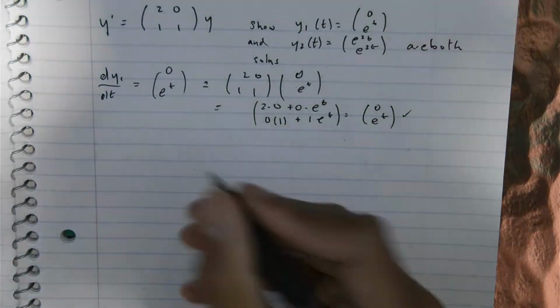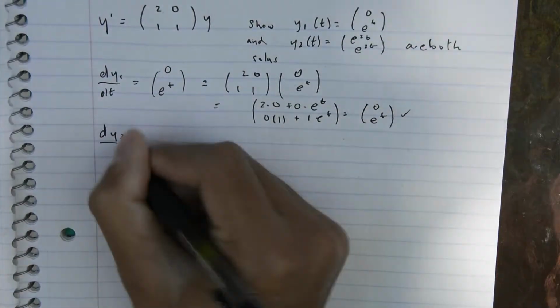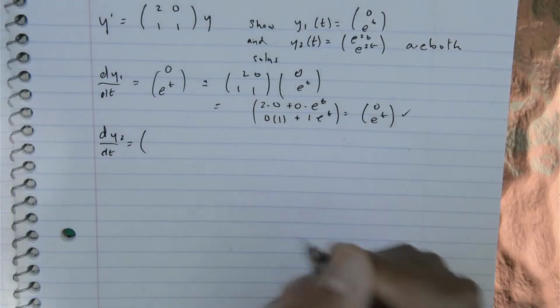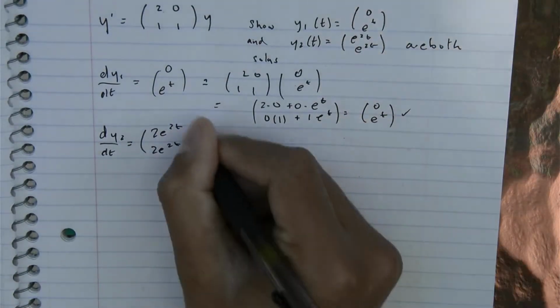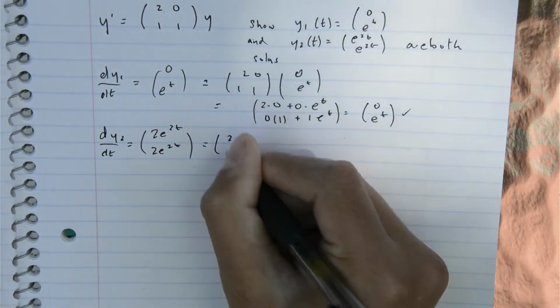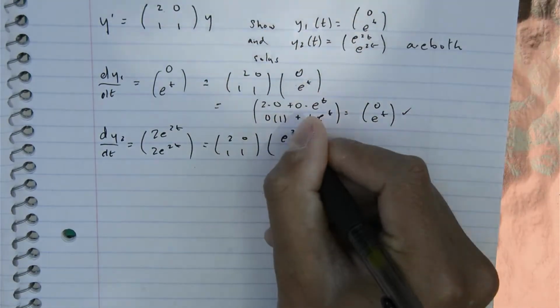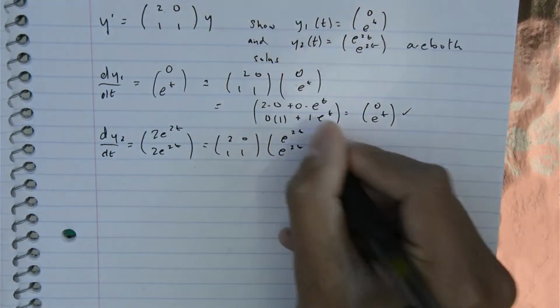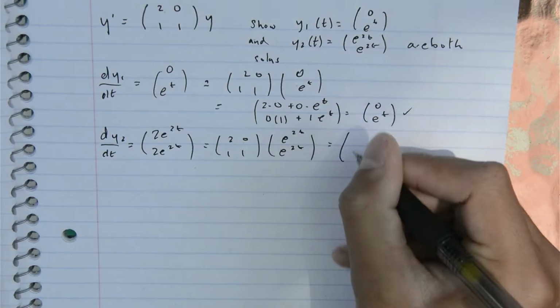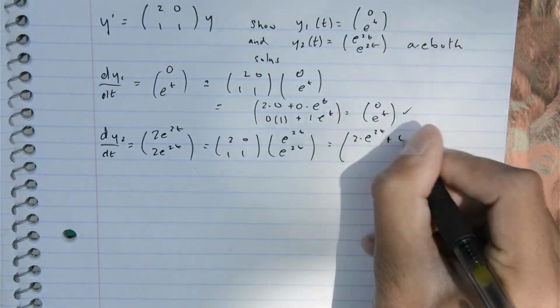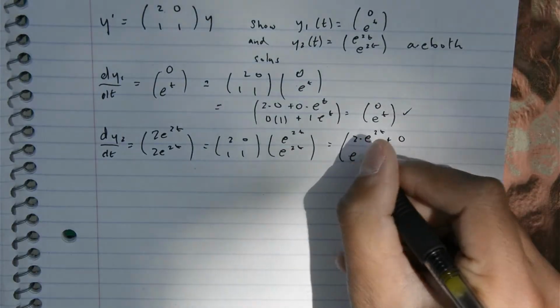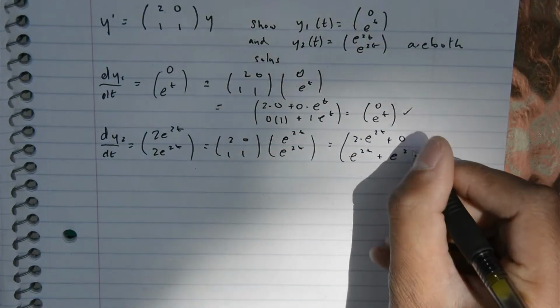Okay, then the second one, dy2/dt is equal to 2e^(2t). 2e^(2t) is equal to 2 times e^(2t) plus 0, and then e^(2t) plus e^(2t).